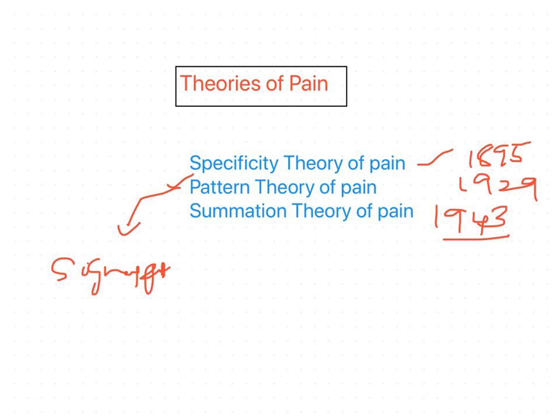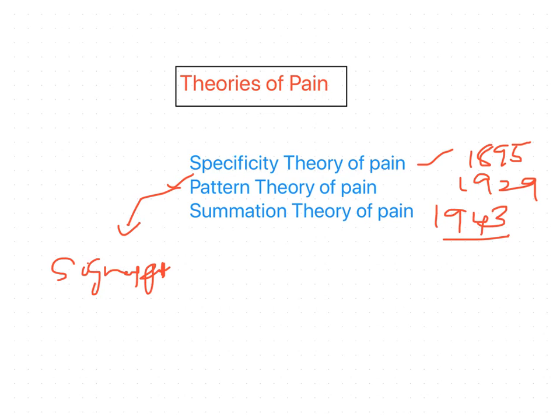But in 1943, the theory called the central summation theory was proposed by Livingstone, and he gave the information that intense stimulation resulting from nerve and tissue damage activates fibers that project into interneuronal pools within the spinal cord.